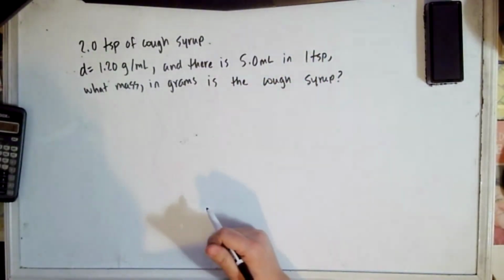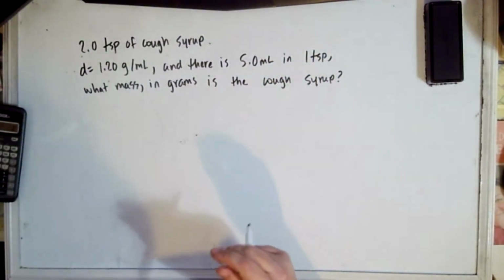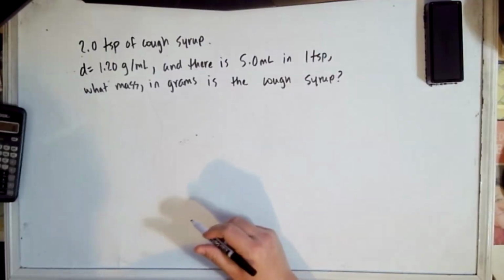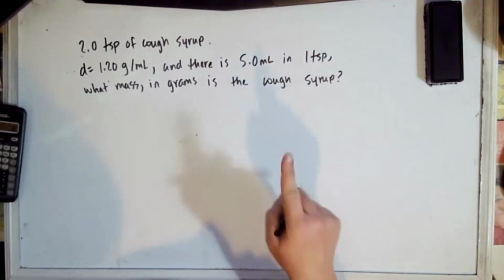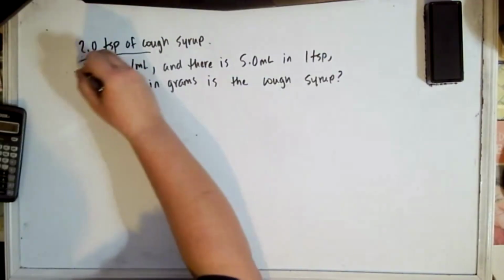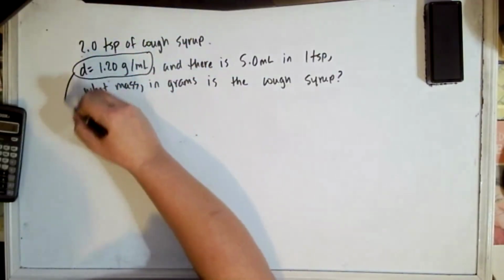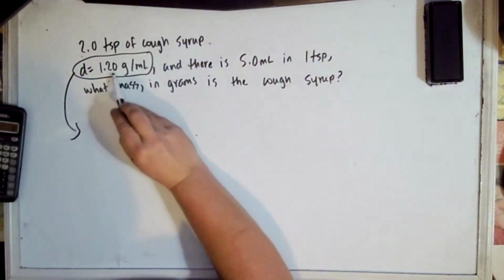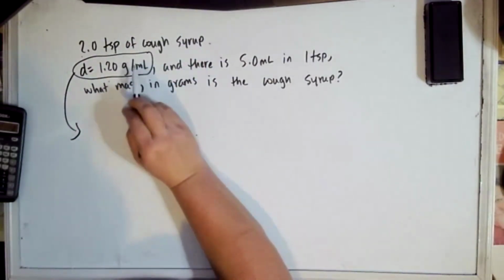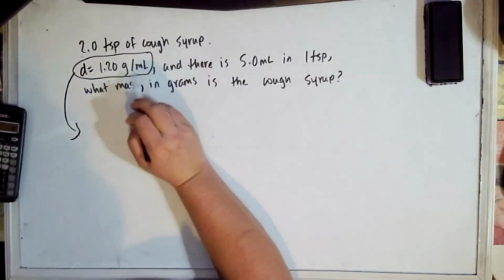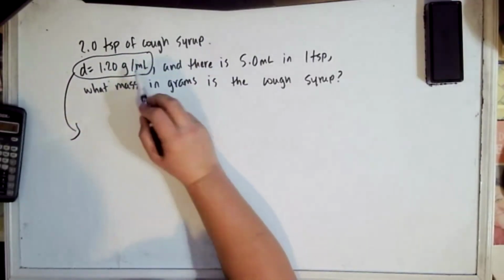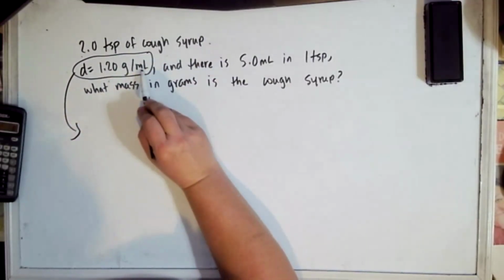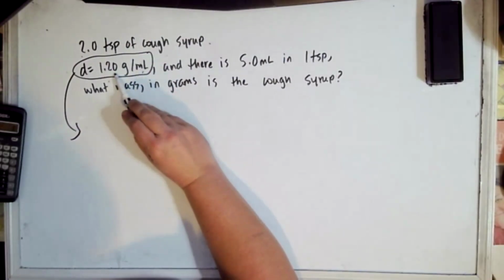Okay, so we have 2 different equalities that we can work with here. Equality 1 is our density. When you're given a value like density, 1.20 grams per milliliter, what that means is that for every 1 milliliter of that substance, there's a mass of 1.20 grams.